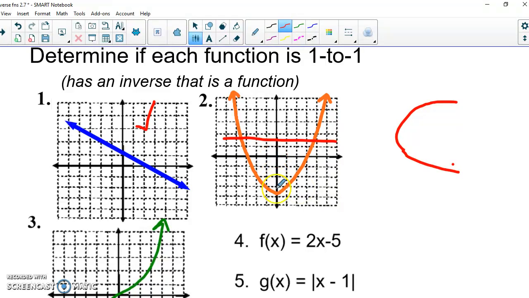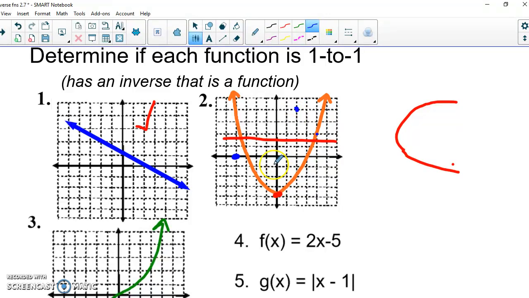If I look at the point 0, negative 4, I'm going to plot negative 4, 0 instead, right? On the new function here, I'll use a new color. Negative 4, 0. Okay, let's try another one. This one here is 4, 2. That means I need to plot the point 2, 4 on the inverse function.